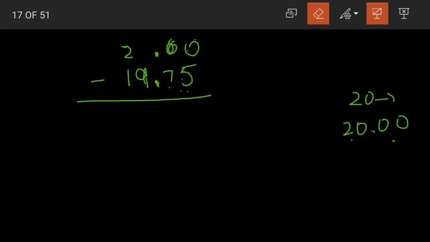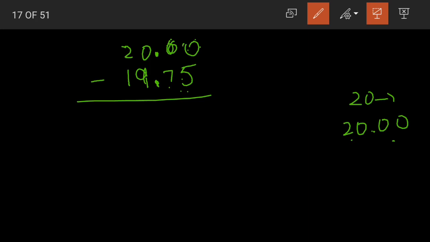Now coming to the subtraction part, again as we have added, the same thing we will do with the subtraction as well. We'll subtract the numbers normally. See, 0 minus 5. Yes, 0 minus 5 is not possible. So we have to borrow.